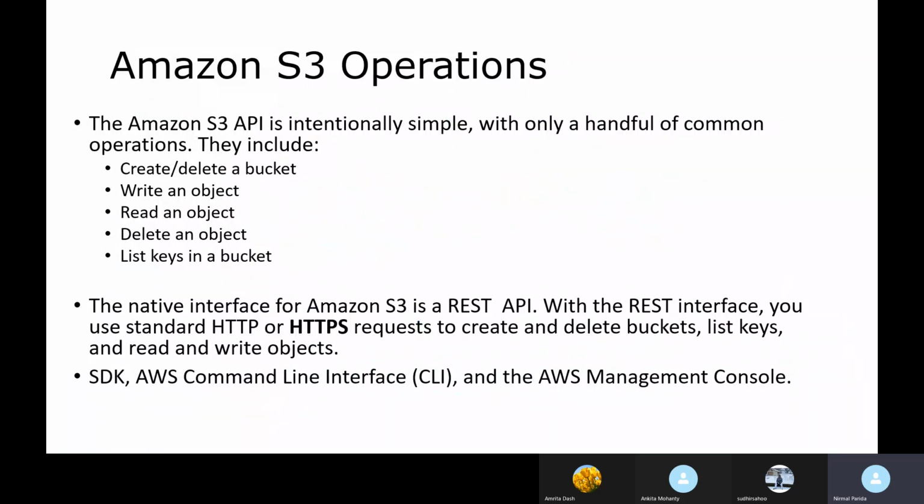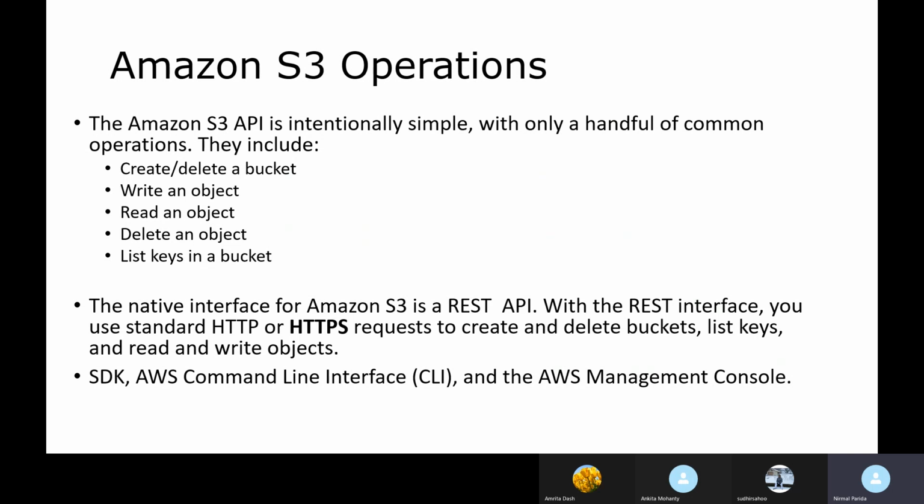Next is Amazon S3 operations. How are we going to access the data? The Amazon S3 API is intentionally simple, with only a handful of common operations. So we have very limited operations. We have to create and delete a bucket, write an object, read an object, delete an object, and list keys in the bucket.